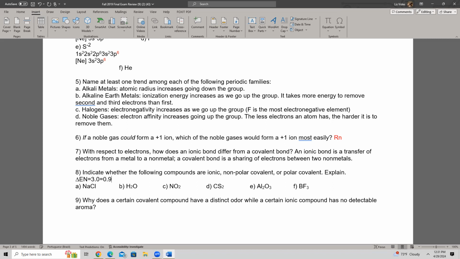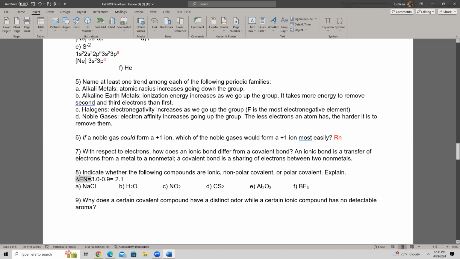That gives me 3.0 minus 0.9. Delta electronegativity just means subtraction, right? That gives me a 2.1, yes?